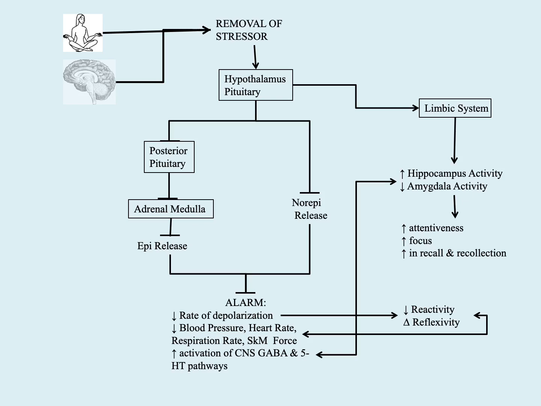Because I'm not fearful at this point in time, combined with the reduction of the alarm phase, I get a reduced reactivity peripherally. I get a reduced reflexivity peripherally. I get the correct amount of tone within the muscle, which means that I'm able to move appropriately and effectively.